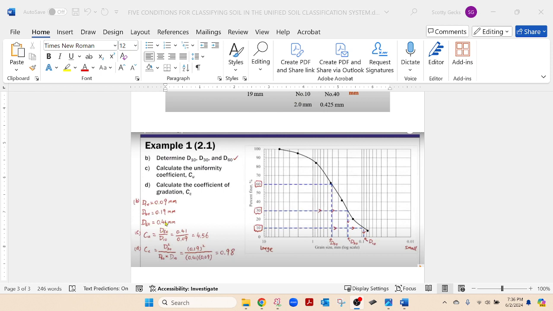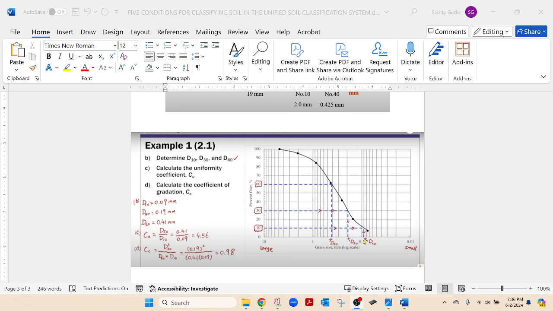He came up with 0.41 for the D60. That might be easier to read. Straight across, down to grain size. He's just saying D60.